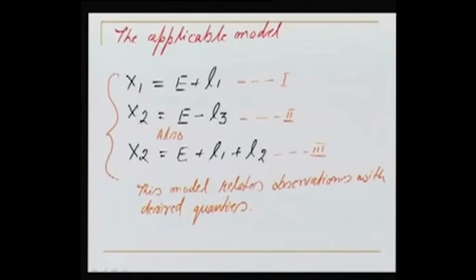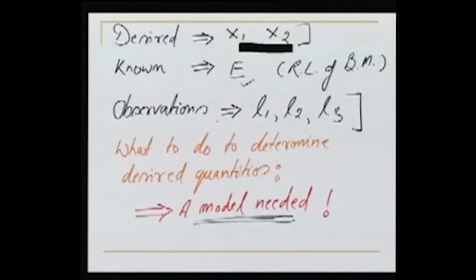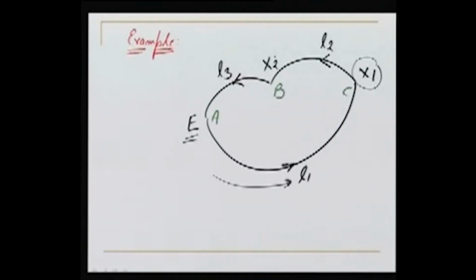Next, x2 is E minus L3. I want to determine x2, which I am writing as x2 is E minus L3. Minus because we have done the survey this way, B to A, and this we are writing as positive.